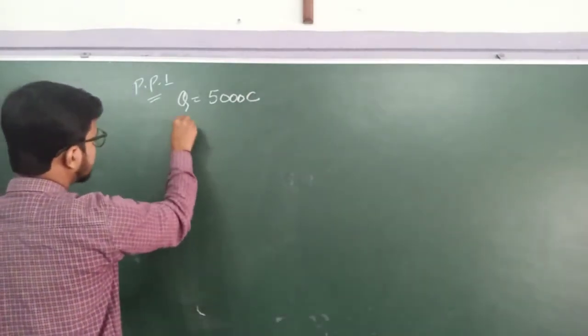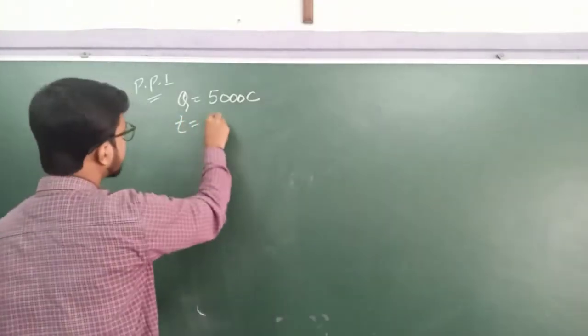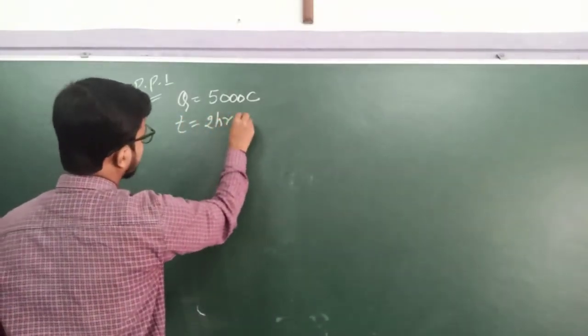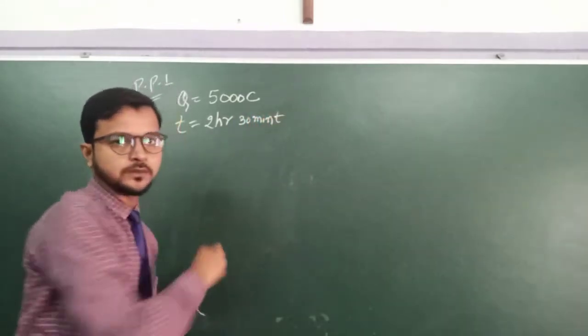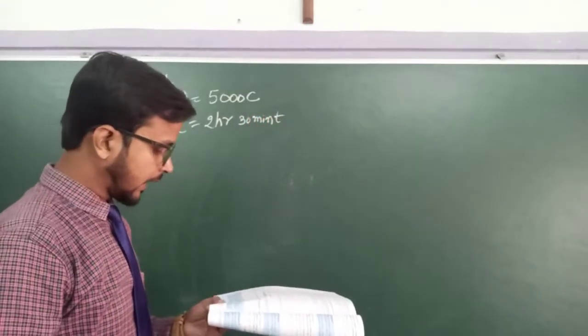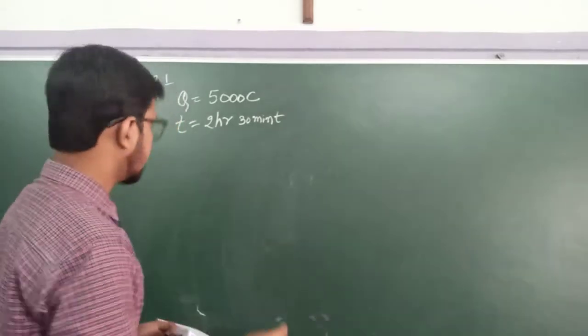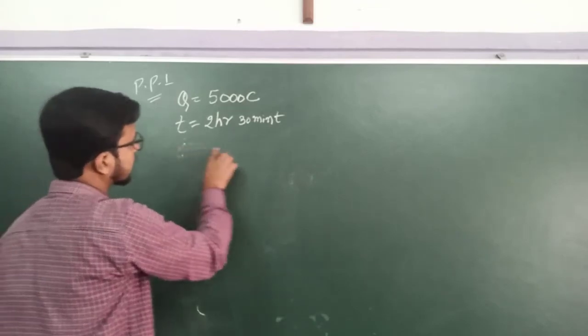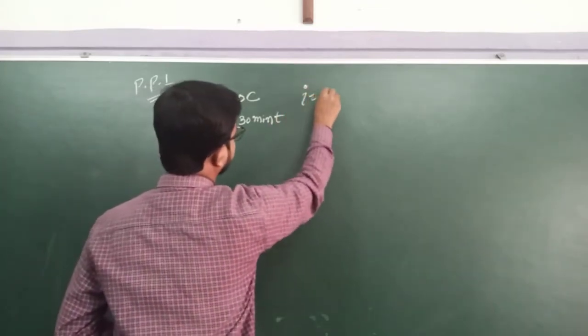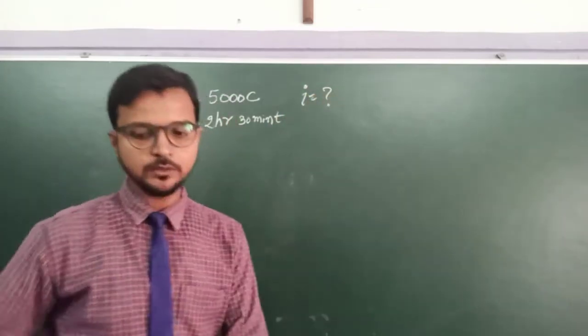That means T is equal to 2 hours and 30 minutes. Calculate the magnitude of current in the circuit. That means I is equal to question mark.